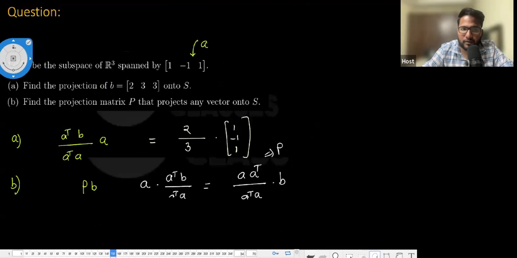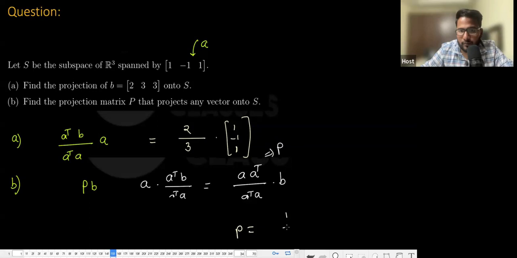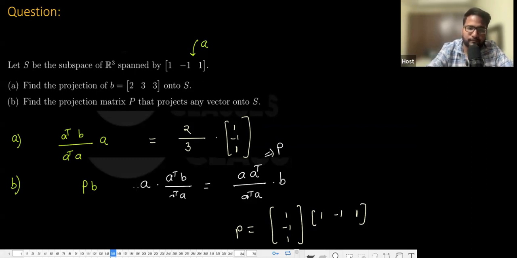So this P is coming out to be, A is 1 minus 1 1, 1 minus 1 1. A transpose A is just 3. So I think if you multiply these two, you will be getting the answer, right? So which means this will be one of this.